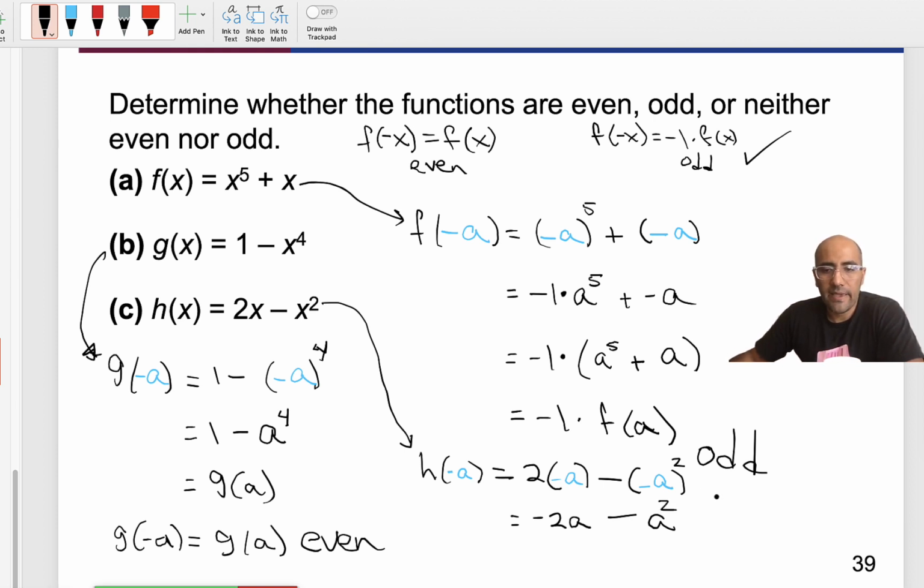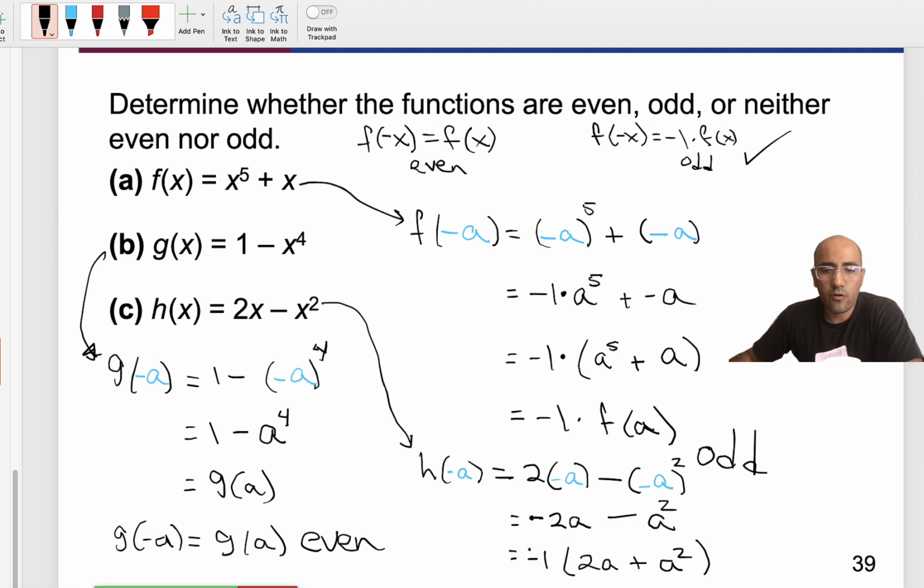Okay, and now if I factor out a minus 1, I end up with positive 2a plus a squared. And now, well, this is not exactly this evaluated at a because of the minus. This has a plus, this has a minus. It's not equal to that.